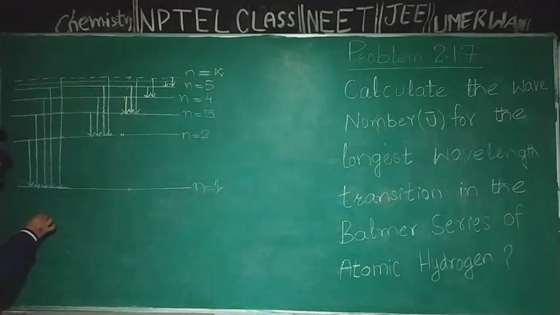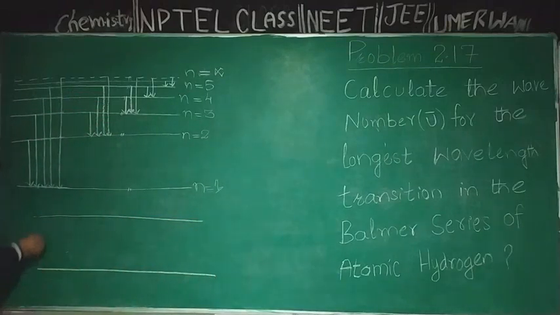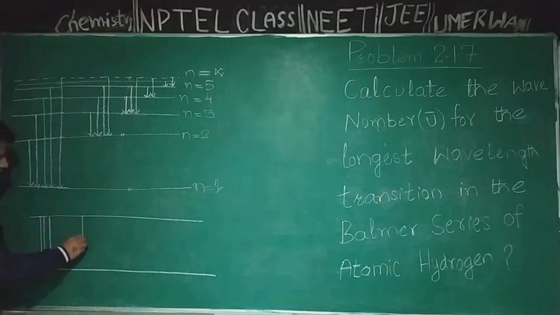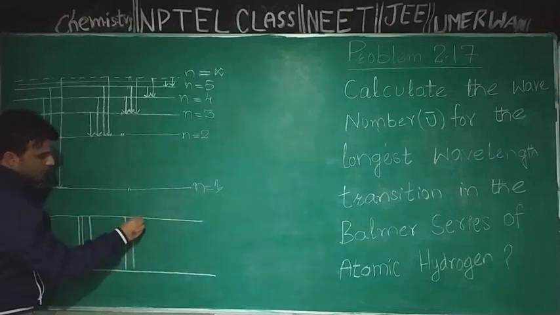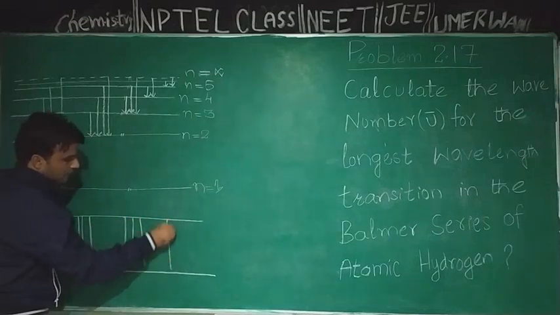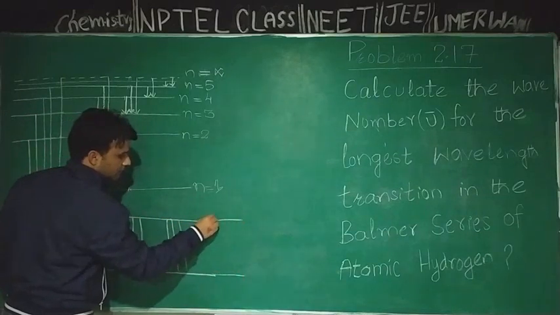And if we record these electromagnetic radiations on a photographic film, we will get separate lines, we will get a series of lines: first series, second series, third series, fourth series, and now fifth series.